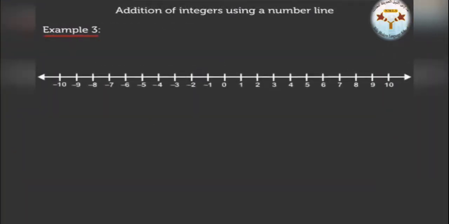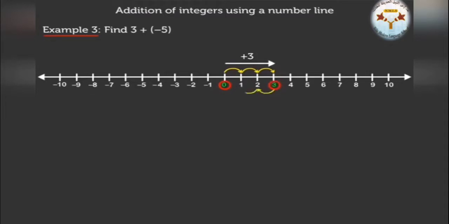Now let's go to adding a positive integer and a negative integer. Here on the number line, let's find example 3. Find 3 plus negative 5. As usual, start at 0.